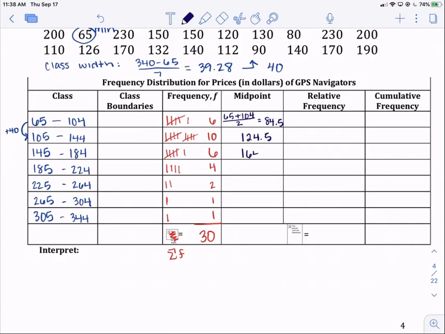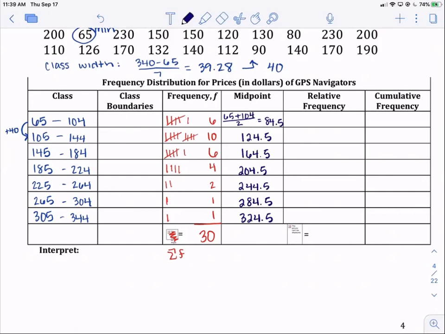Add 40 again, 164.5, 204.5, 244.5, 284.5, and 324.5. Okay, these midpoints are going to be used for certain graphs, which we'll talk about probably later.